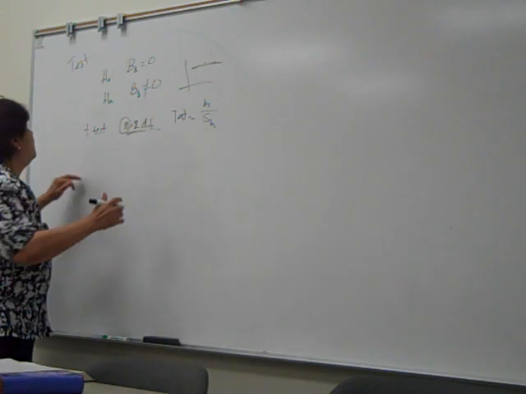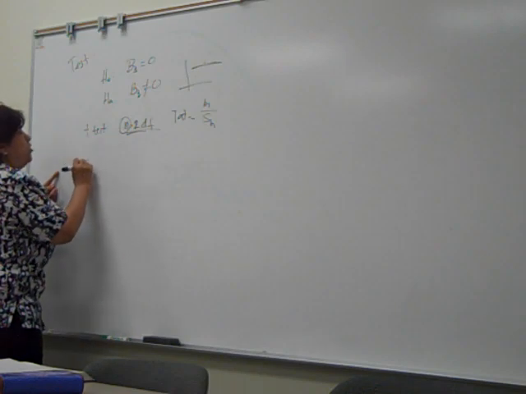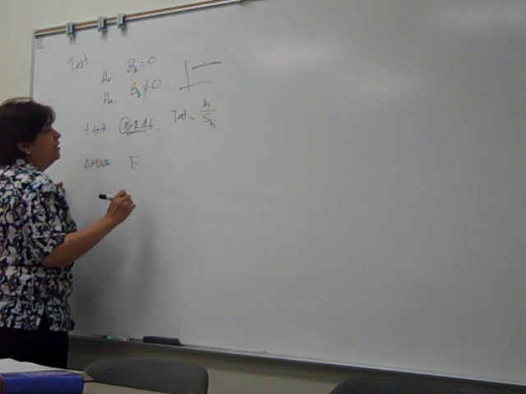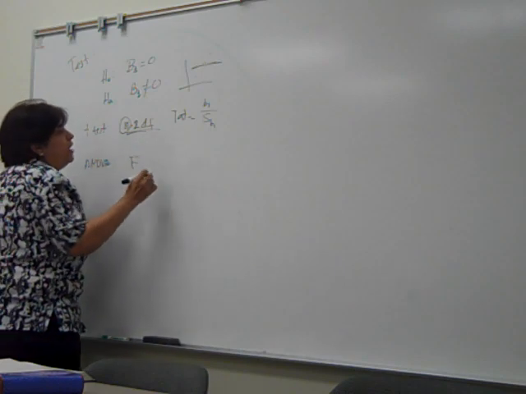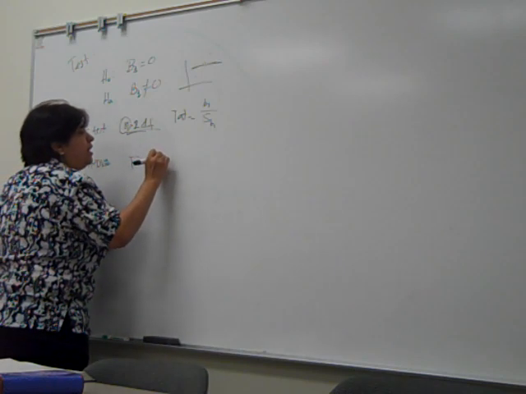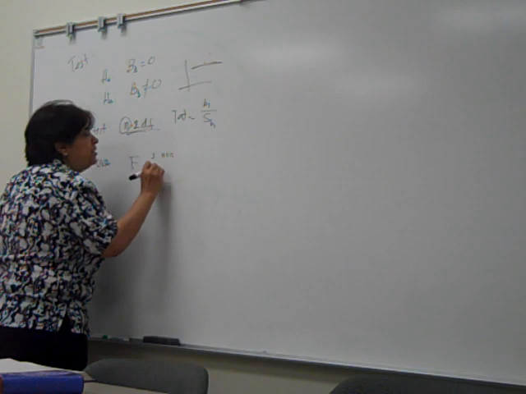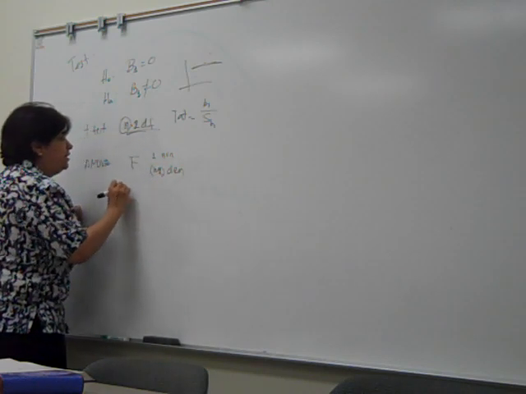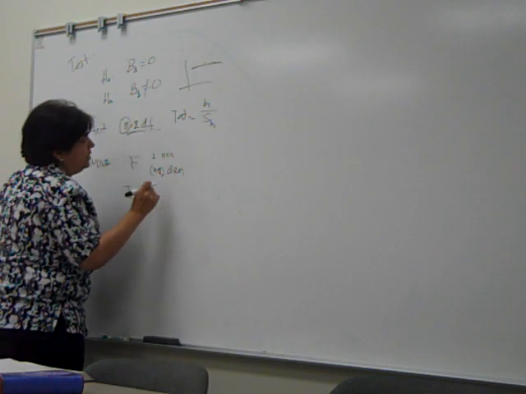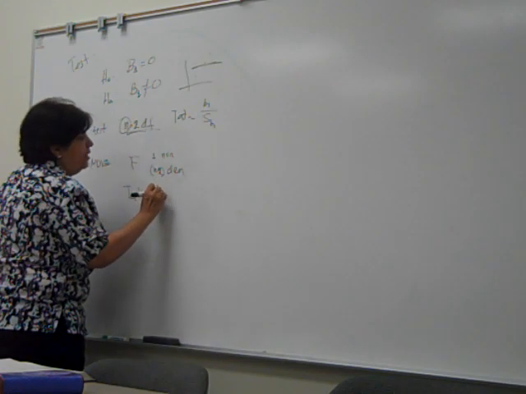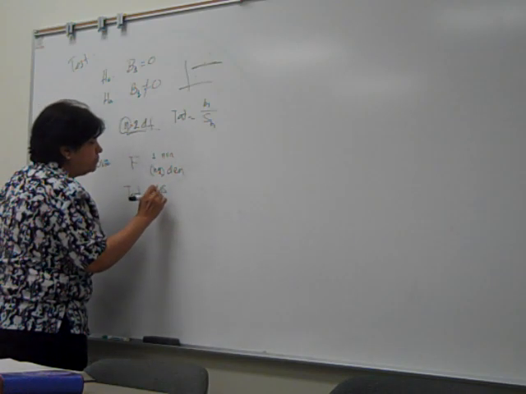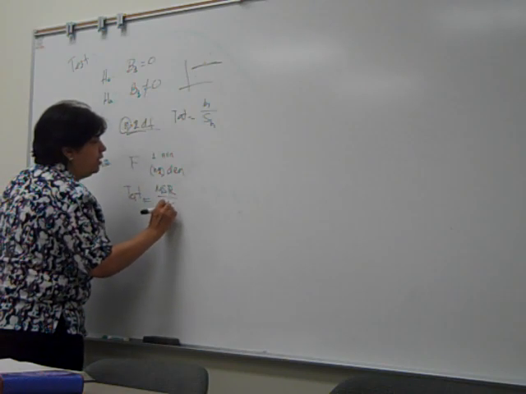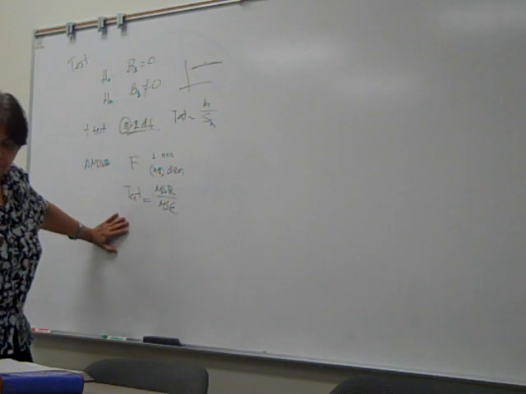The other method is the ANOVA table, using F with 1 degree of freedom in the numerator and n-2 in the denominator. The test statistic is the mean square of the regression divided by the mean square of the error.